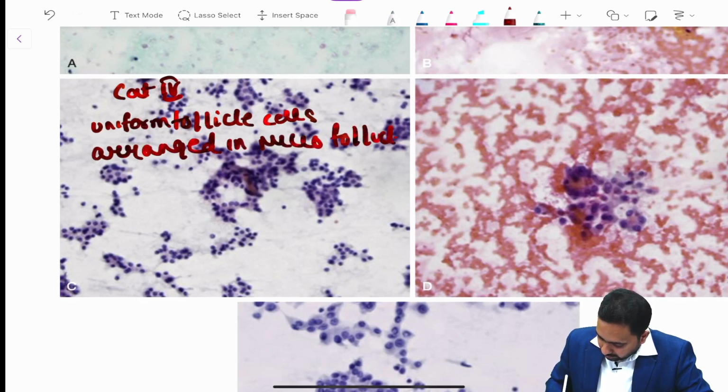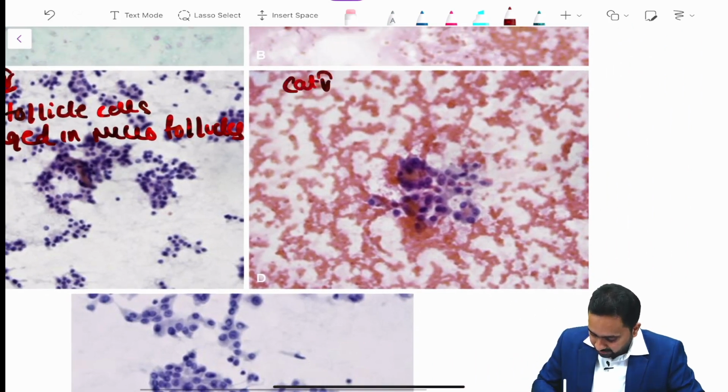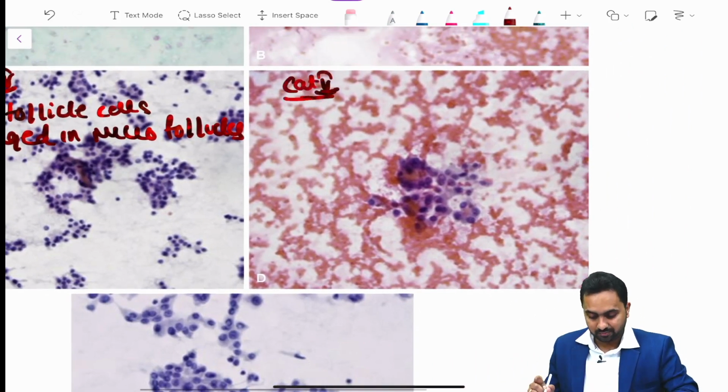Now, we have this D, which is your category 5, which is your suspicious of malignancy.